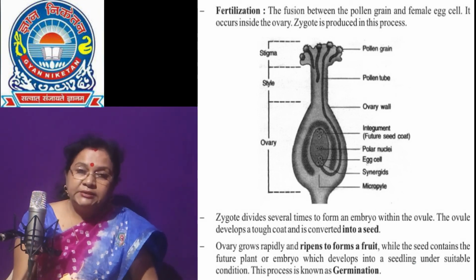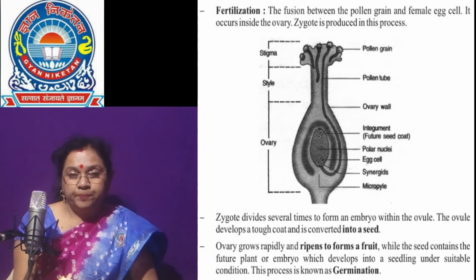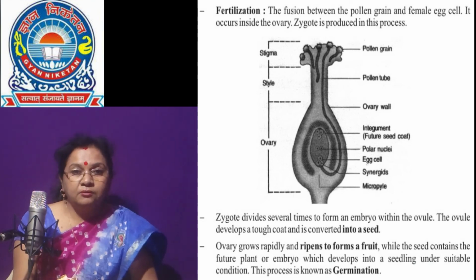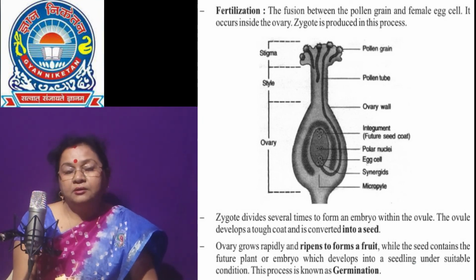Now, let us discuss the structure of the seeds. If we observe a soaked gram seed, we see that it contains a seed coat, and if we dissect it, we find that a dicot seed consists of two cotyledons and an embryo which is supposed to give rise to the plumule and the radicle.